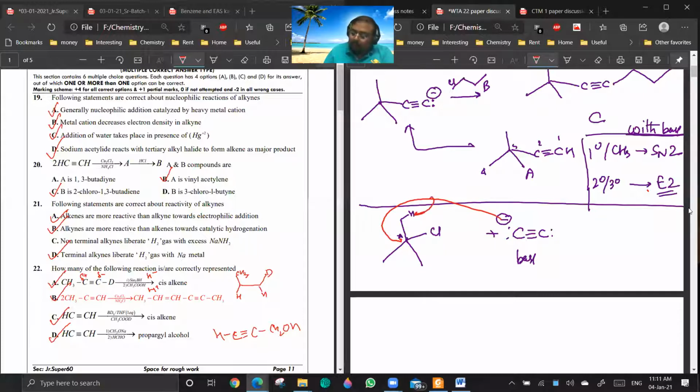It will just prefer to take this hydrogen. This will go, and you'll be getting this plus HC triple bond C minus. Is it clear? Yes or no? Okay. After 19, any doubts up to 22?